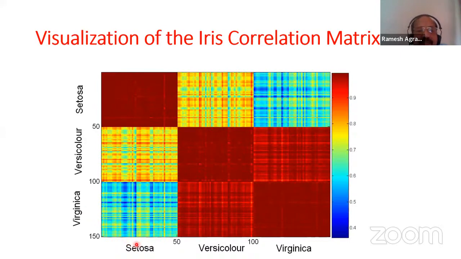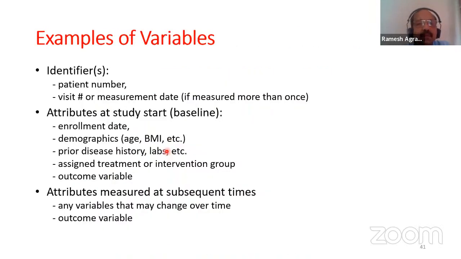Can you see that when you talk about samples of setosa and samples of virginica, this blue color shows that the correlation is very less, while red is showing that the correlation is more? So you find that there is more correlation between setosa samples and setosa samples. All right. So this tells you the correlation between two random variables. For this problem, the random variables are setosa, versicolor, and virginica.